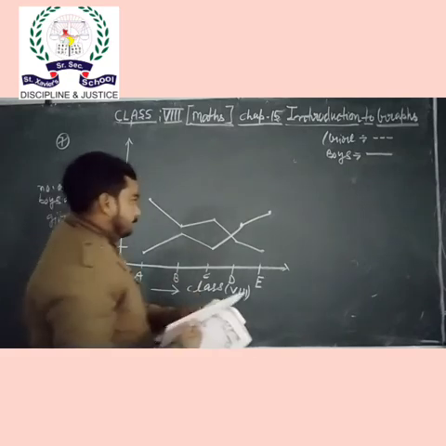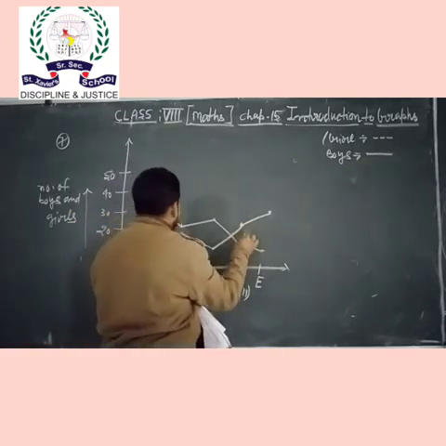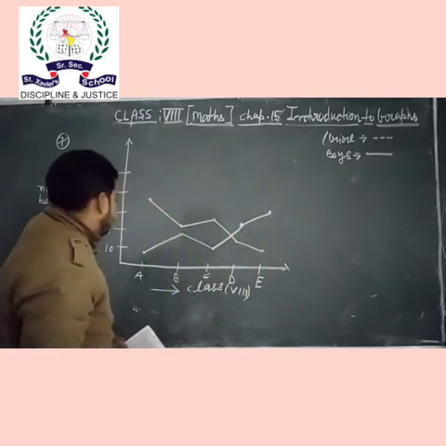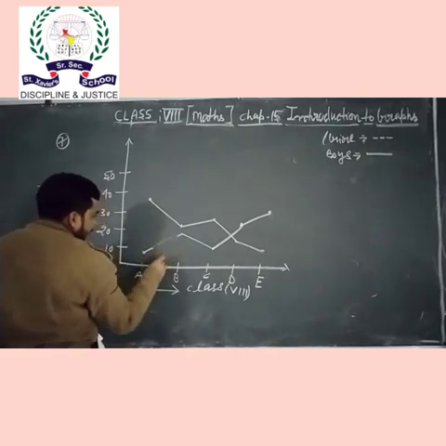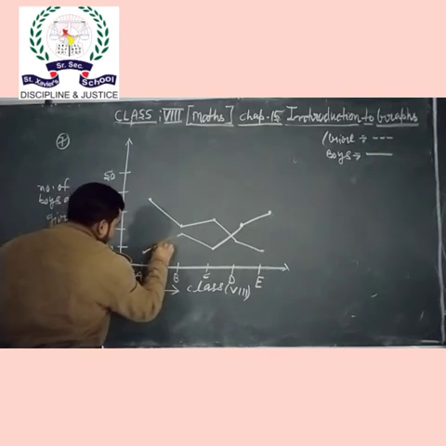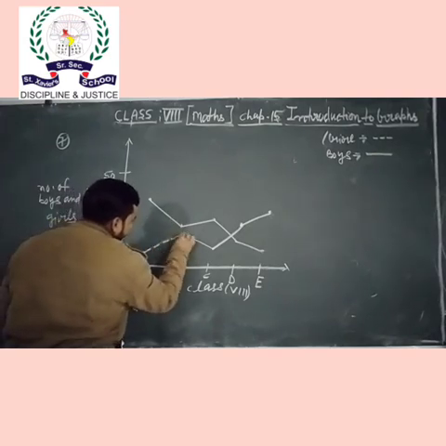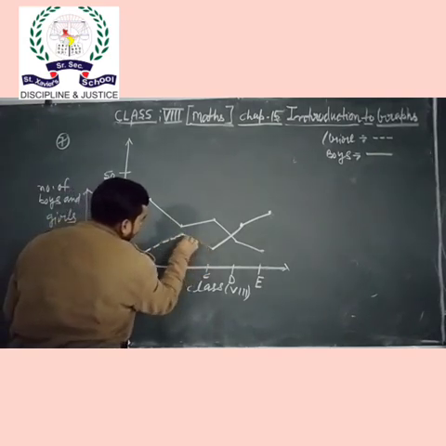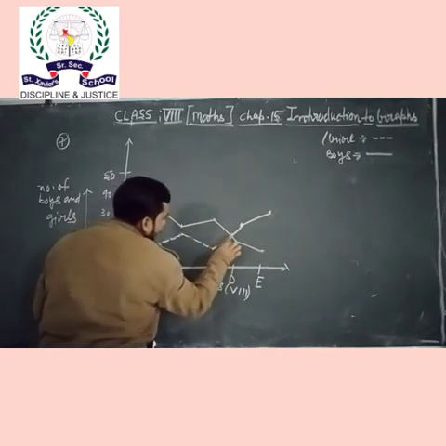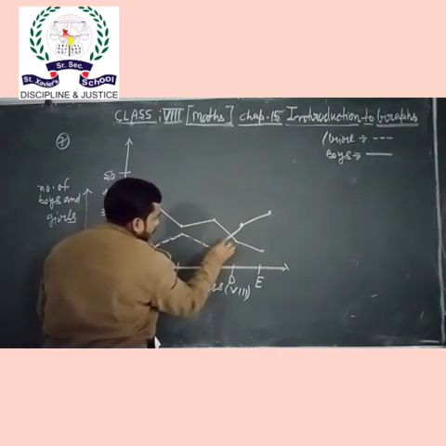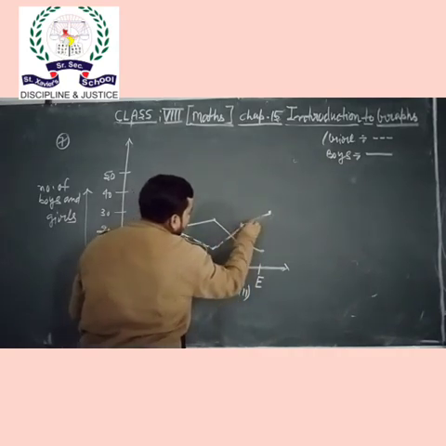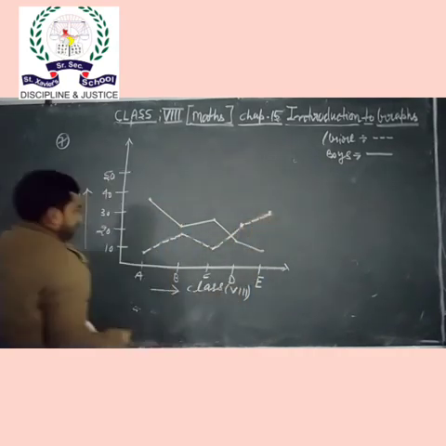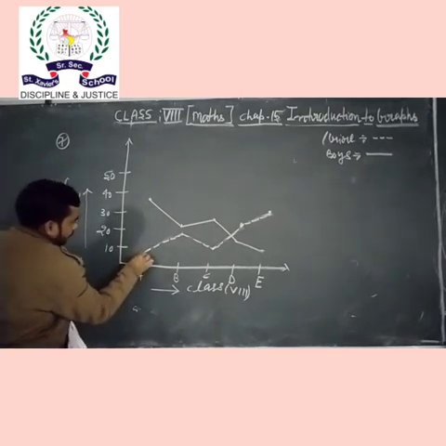This type of graph is shown. These are girls, shown by a dotted line.